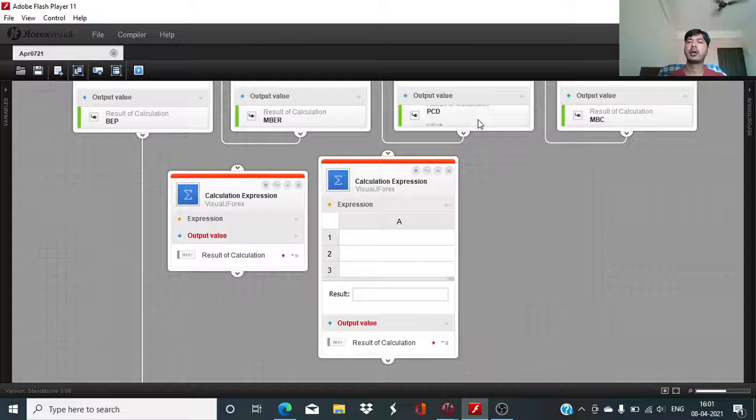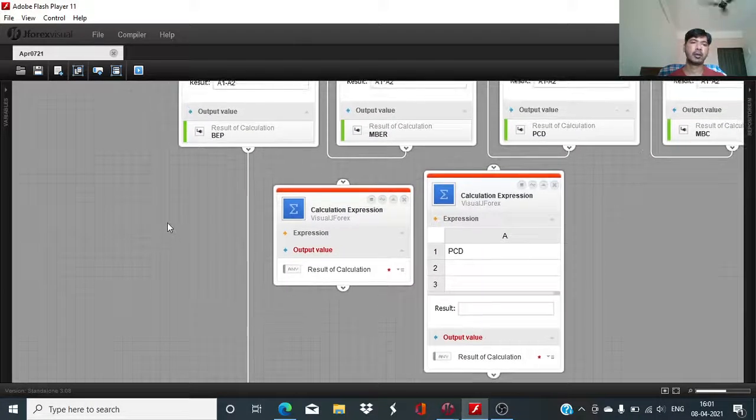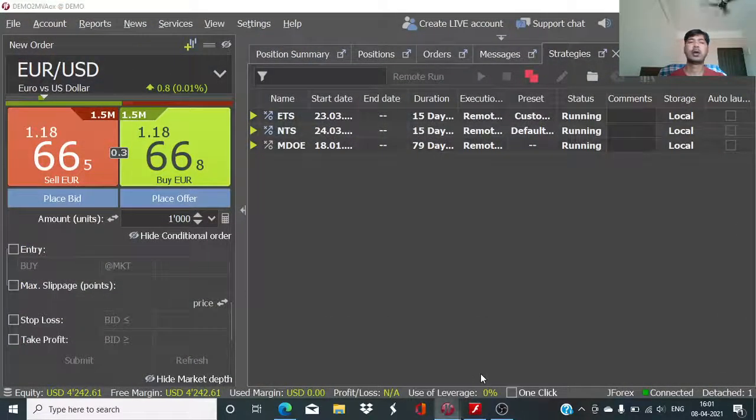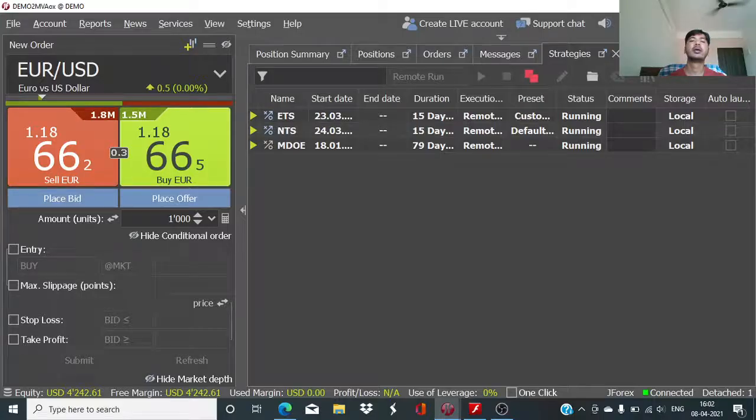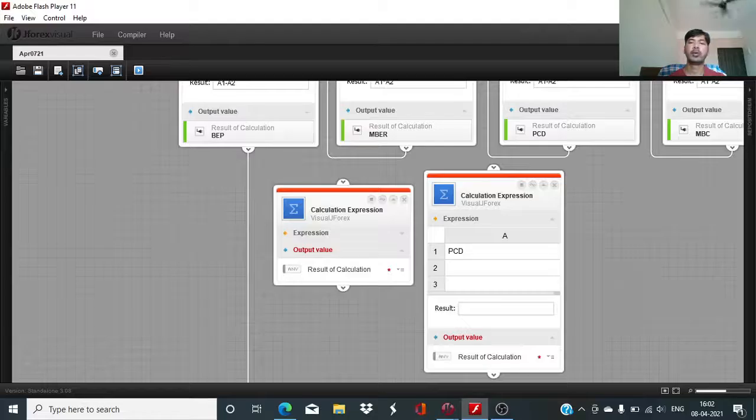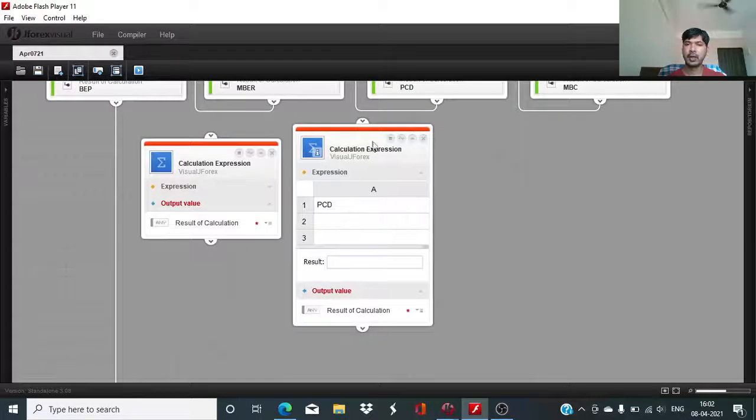And here we will take this difference and multiply it by the pip conversion factor, as Euro USD has values after 4 decimal points, 1 pip is after 4 decimal points. So because of that we have to multiply it by 10 raised to the power 4 to make its pip value converted into an integer.